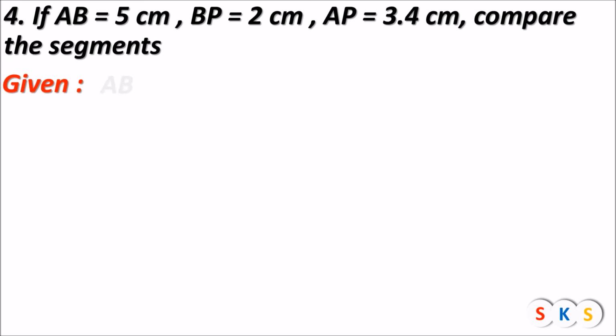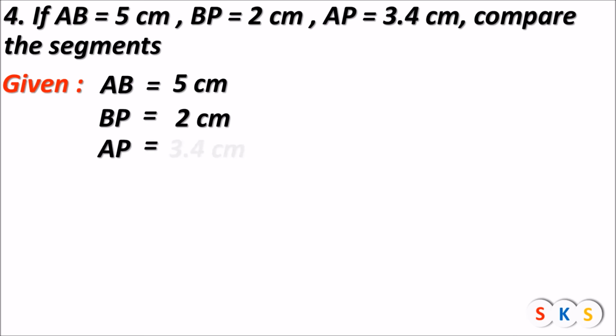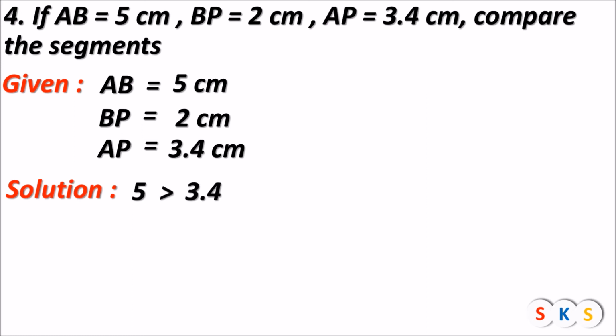So here AB is 5 centimeter, BP is 2 centimeter, AP is 3.4 centimeter. Now we'll arrange those lengths in descending order. So 5 is greater than 3.4 and 3.4 is greater than 2.